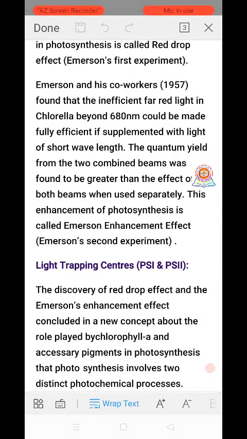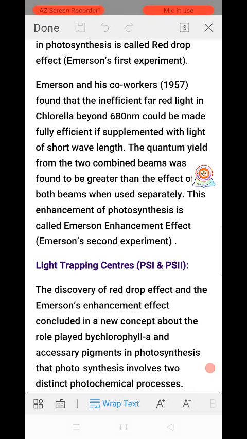Emerson and his co-workers found that when red light above 680 nanometer was supplied to Chlorella, there is a sharp decrease in quantum yield.